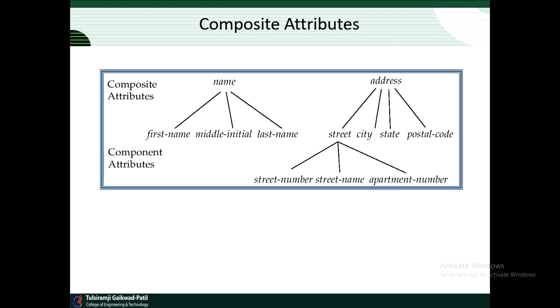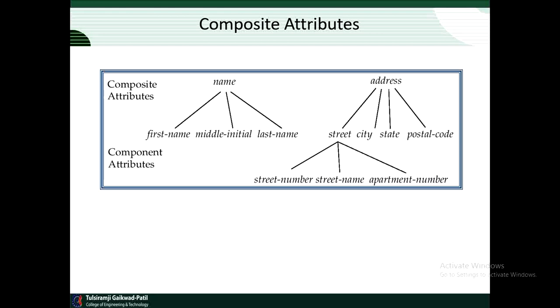Then like name, address is also divided into 4 parts, that is street, city, state, postal code, like that. Then street is again divided into street number, street name, apartment number, like that. So this is what the composite attribute is.